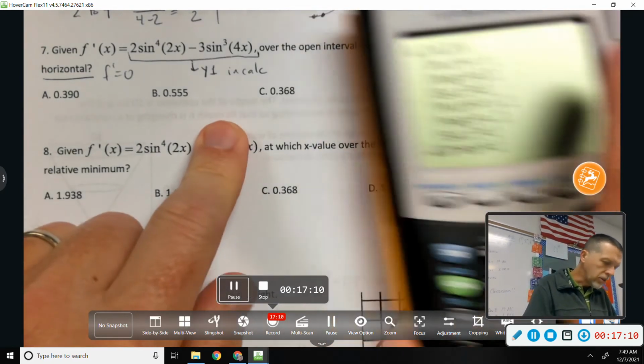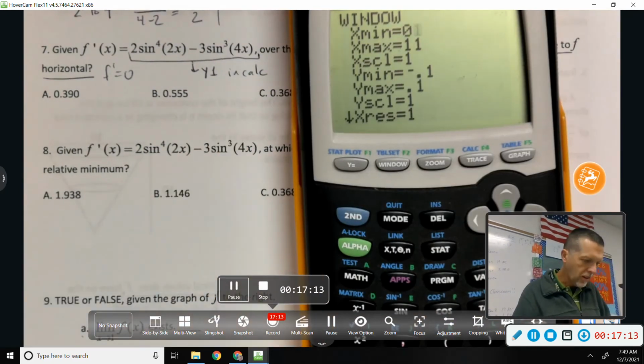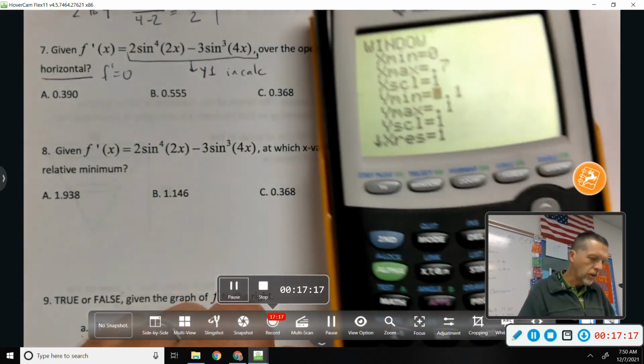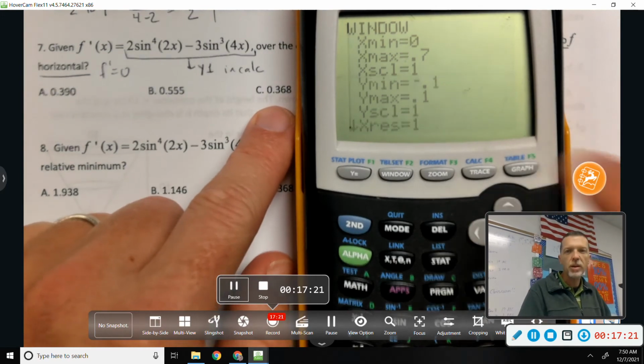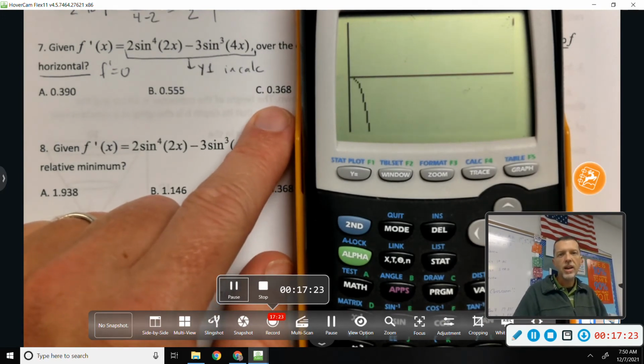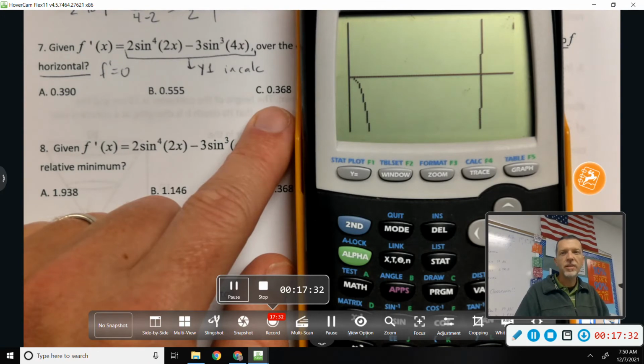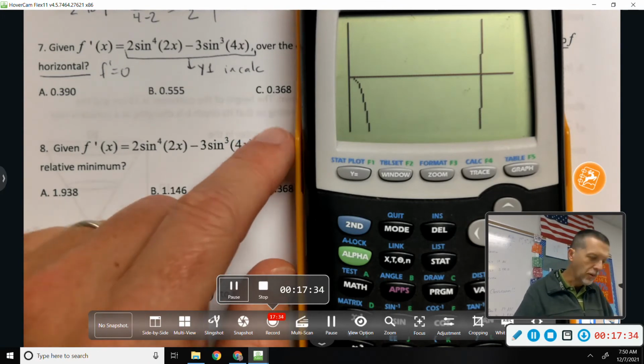Window, it told me to look between 0 and 0.7. And I only want to know where it's equal to 0, so zoomed in from negative 0.1 to 0.1 is probably fine for the y. Goodness, it's thinking hard on this one. Oh, there we go. There's my answer. Now I need to figure out where that is.